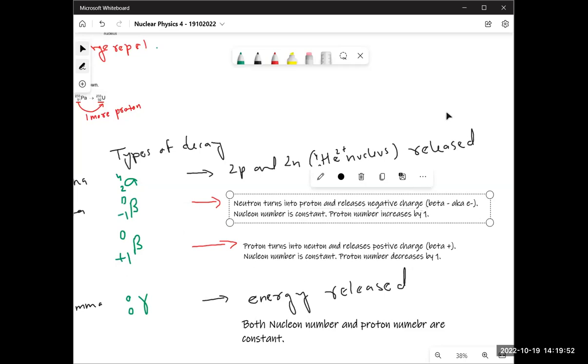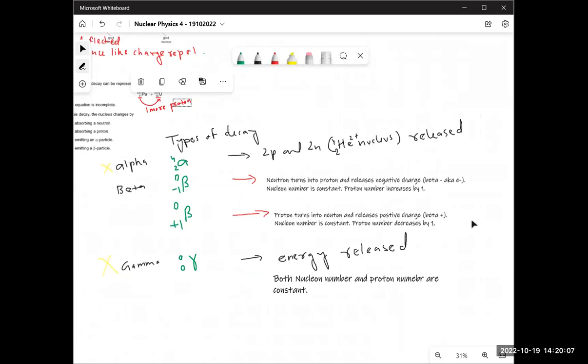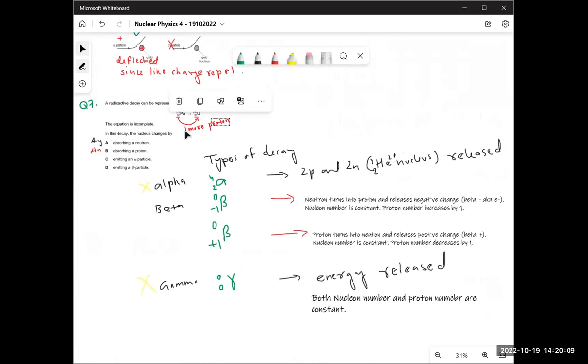Write the last 2 lines: proton number increases by 1 and proton number decreases by 1. Now in the question the proton number is increasing by 1.